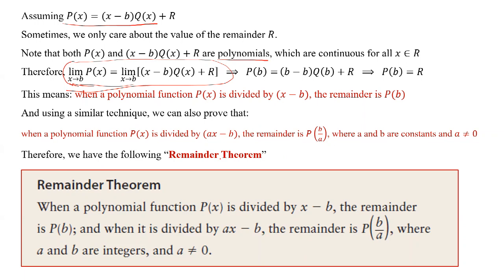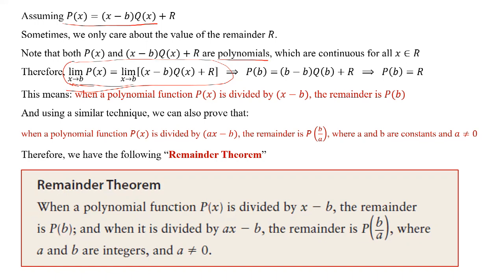Therefore, we have the following remainder theorem, which you need to put onto your notebook because we're gonna use it many times in today's lesson. Okay, I'm gonna read it for you. The remainder theorem states that when a polynomial function p(x) is divided by x minus b, the remainder is p(b). p(b) means you put the value b in the polynomial p(x) and get a value.